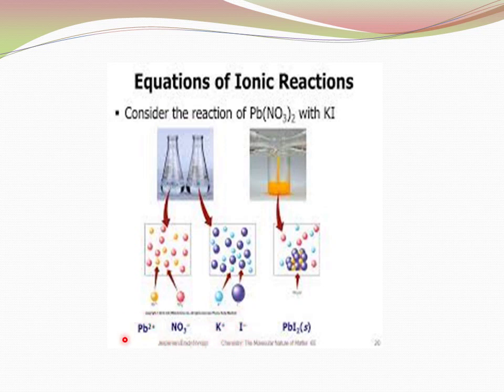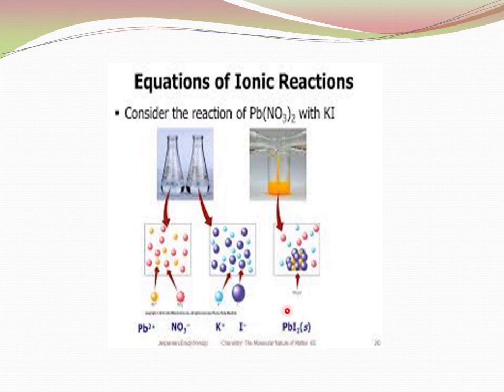So in the double replacement, lead combines with iodide to produce lead iodide, and potassium with nitrate to produce potassium nitrate. So the products are lead iodide and potassium nitrate.